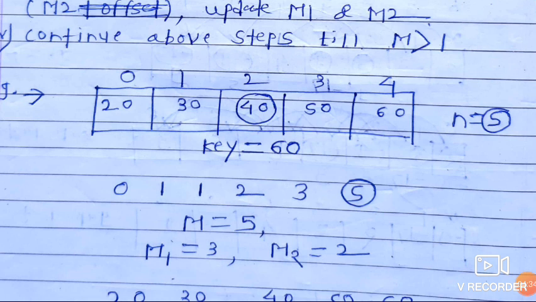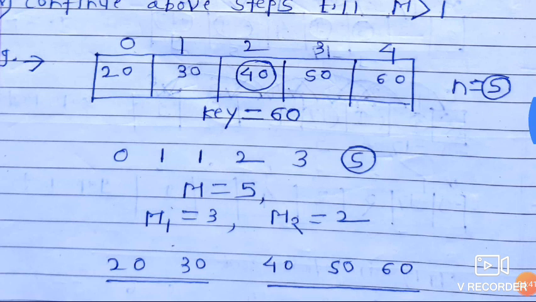Once we calculate m1 and m2, we directly compare the key element with a of m2 plus offset. In the first iteration, the offset value is 0. So we calculate m, then generate m1 and m2, the preceding values of m, and compare the key with a of m2 plus offset.